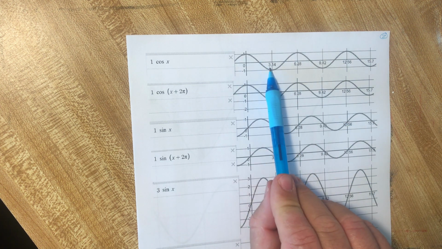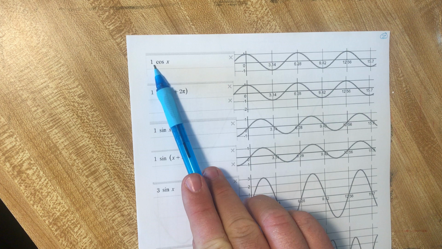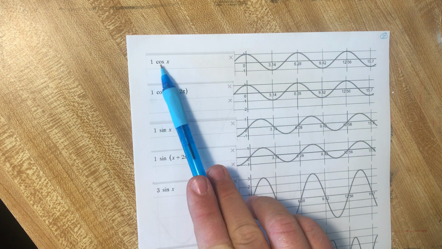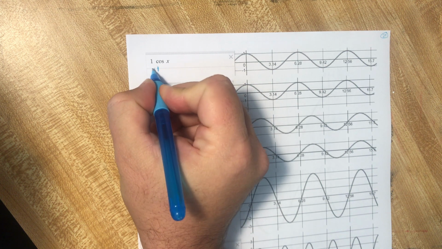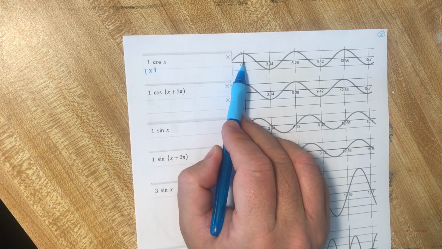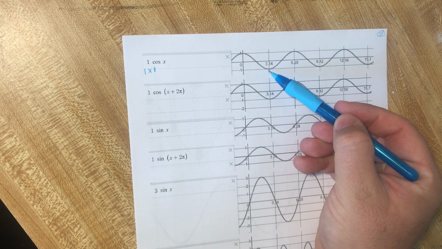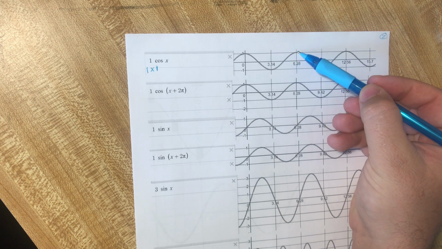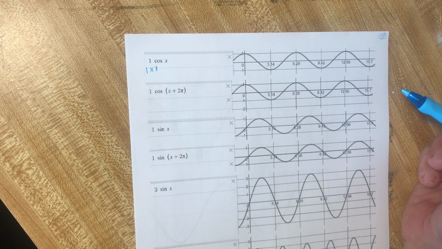This is cosine theta multiplied by 1. The maximum value of cosine is 1 multiplied by 1, then the answer is 1. The maximum and minimum values of cosine are plus 1 and minus 1. In general, the amplitude is 1.